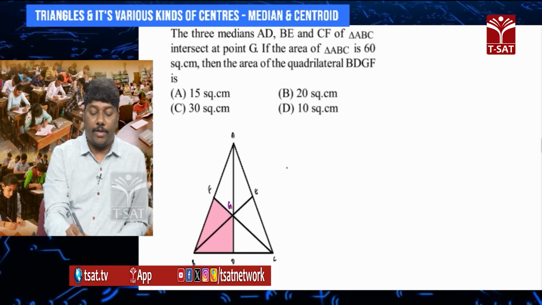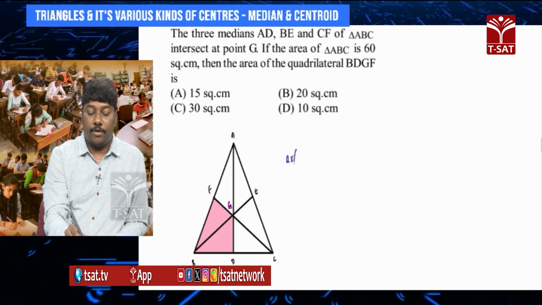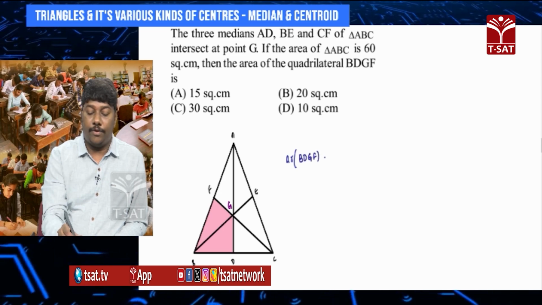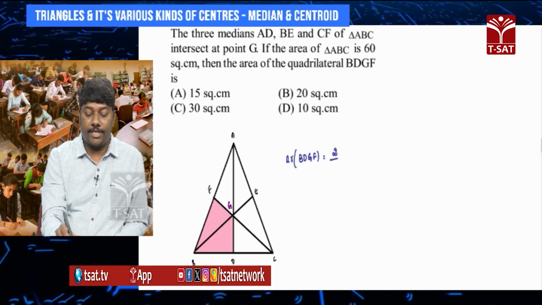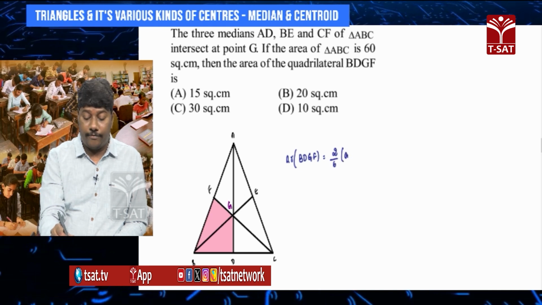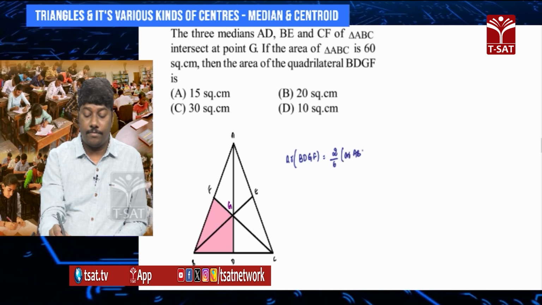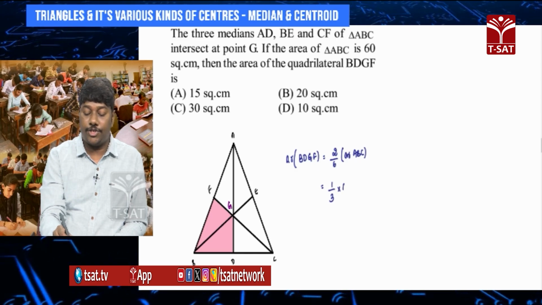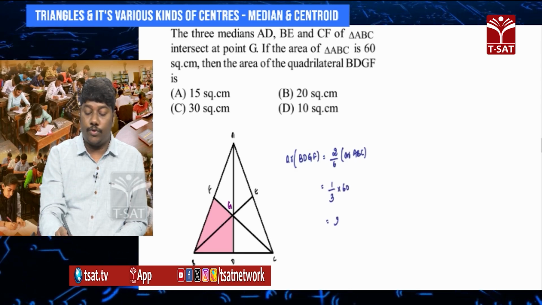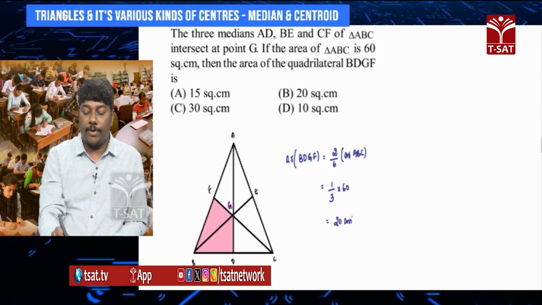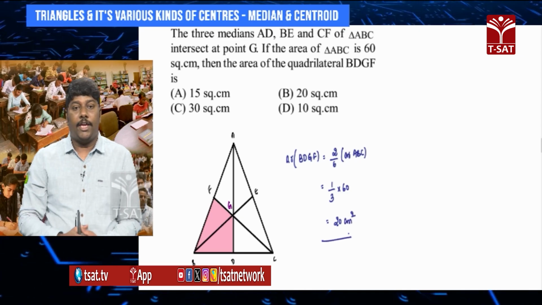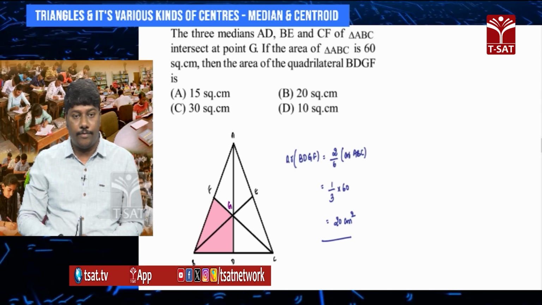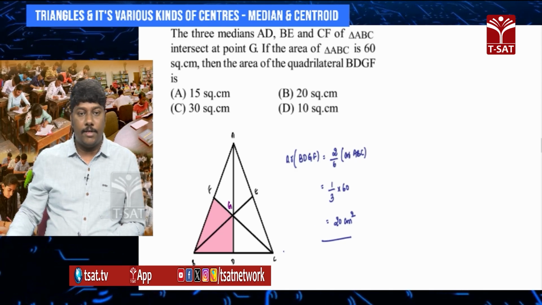So, I would say the area of BDGF is equal to 2 parts out of 6 parts of the area of triangle ABC. Which is 1 by 3 of the area of ABC, given as 60, which is equal to 20 square centimeters. So, the answer here is 20 centimeters square. It is actually 1/3 of the entire triangle.